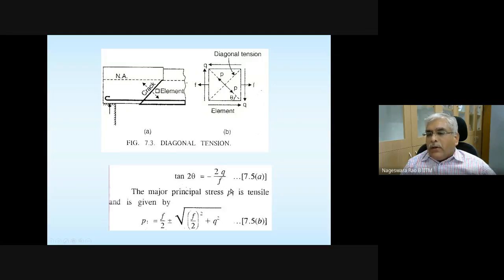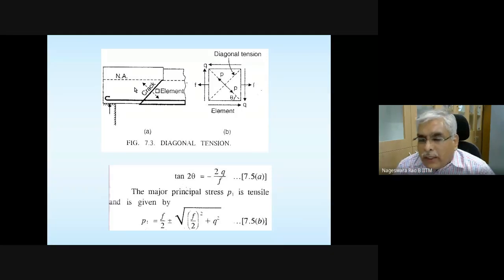So F is 0. So at the support, if at all a crack is going to be formed, I'm interested in what its inclination with respect to the horizontal is going to be, or what its orientation is going to be, in what direction it's going to be formed.